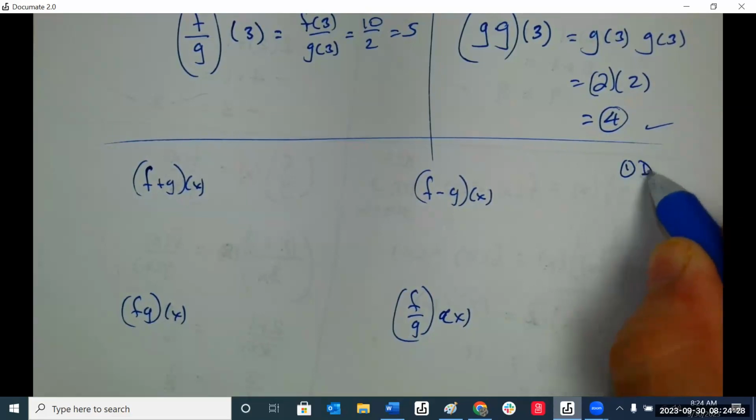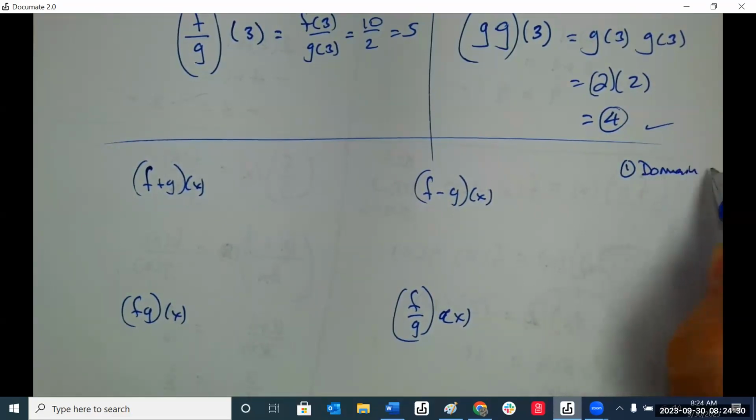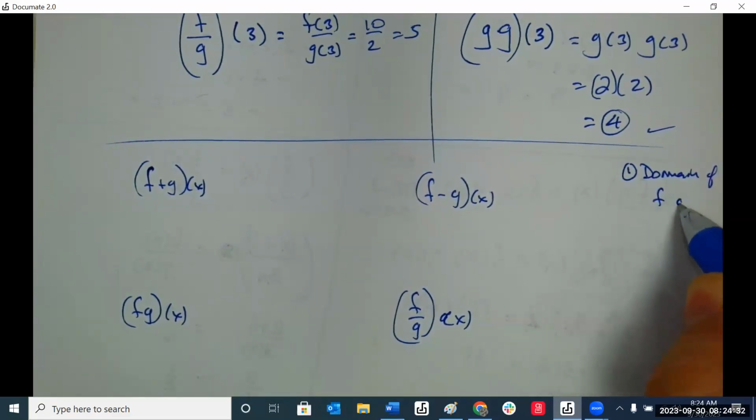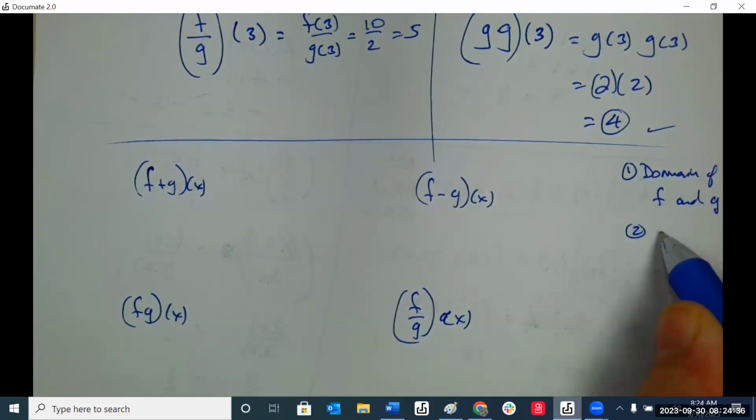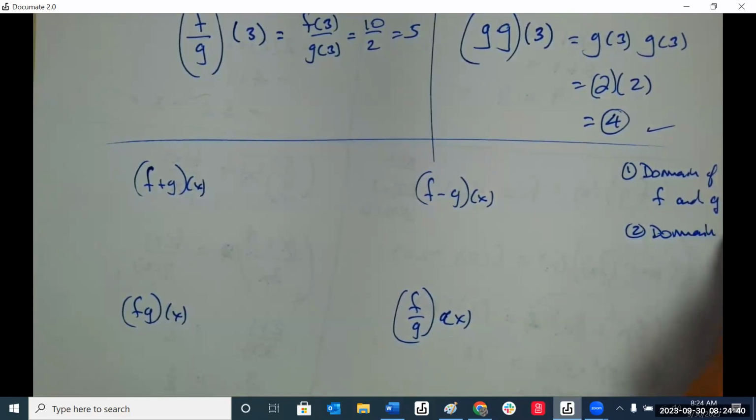First, tell me the domain of f and g, and then the domain of those guys.